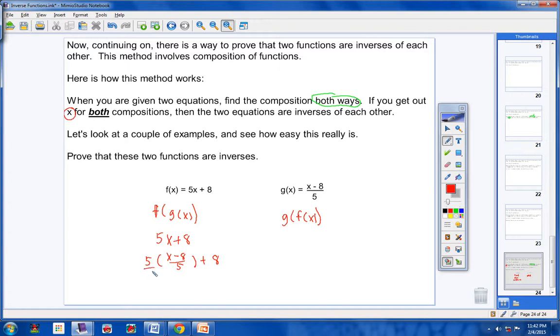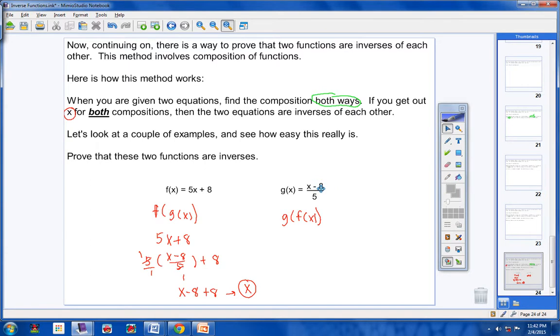First of all, the 5 is over 1, so 5 over 1 times x minus 8 over 5. Your 5's would cancel. 1 times x minus 8 is x minus 8 over 1, so you really have x minus 8 plus 8. Your 8's cancel, and you're left with x. Look at that. So far, so good.